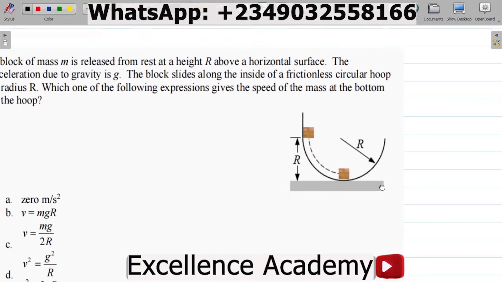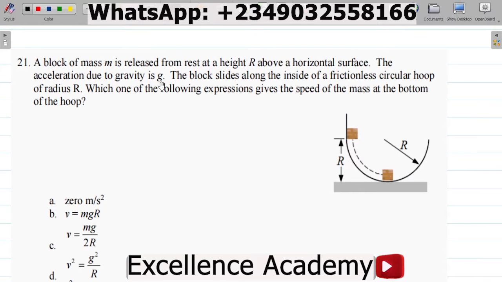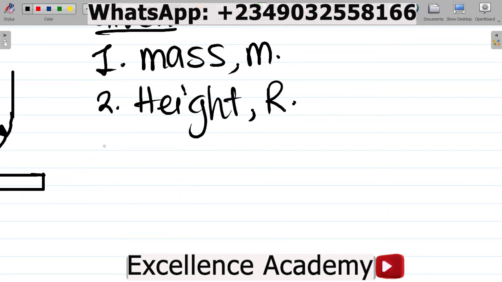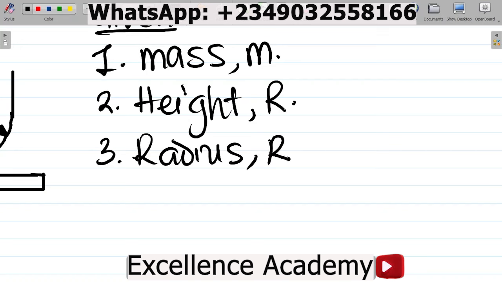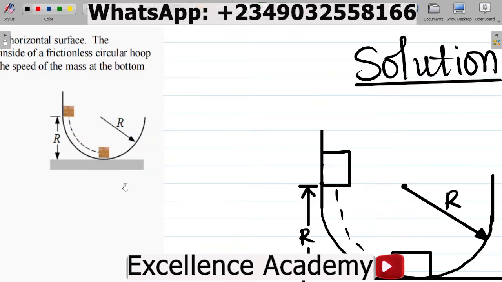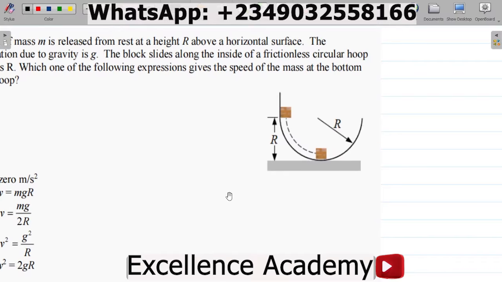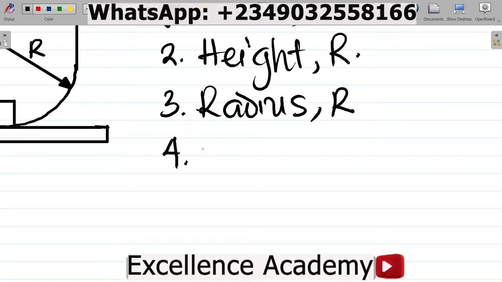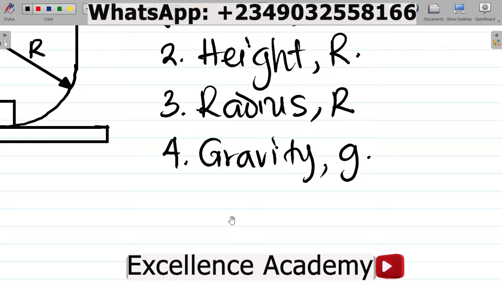What else do you have there? They said the acceleration due to gravity is g. The block slides along the inside of a frictionless circular hoop of radius R. So number 3, we're given the radius, still the same R. So height and radius basically have the same R. Number 4, acceleration due to gravity, small g.